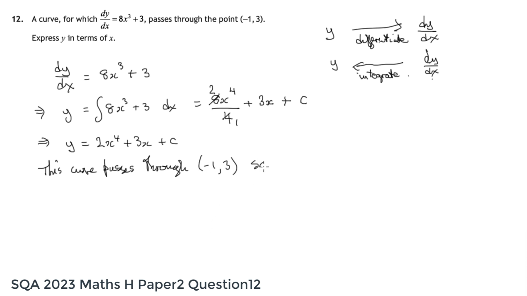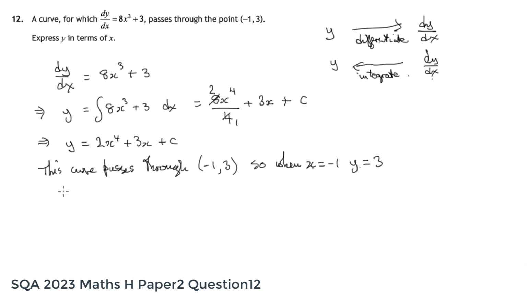And what does that mean? Well, when x is negative 1, y is equal to 3. So we know that point's on the curve, therefore these values for x and y will work in this curve.